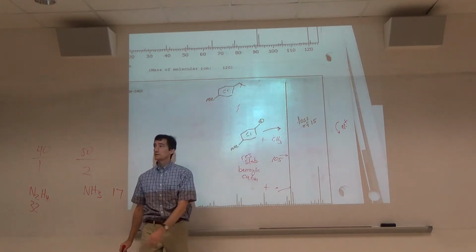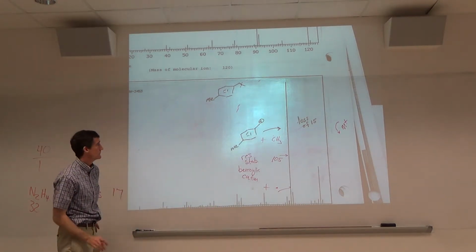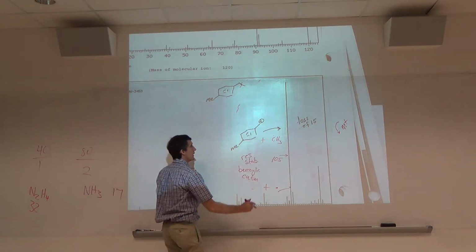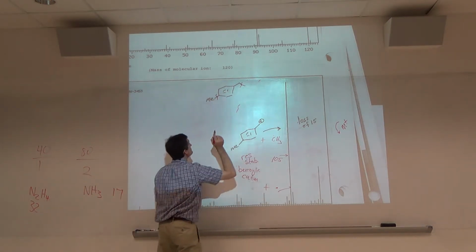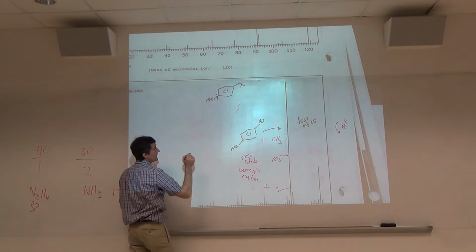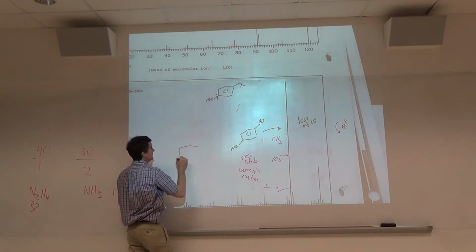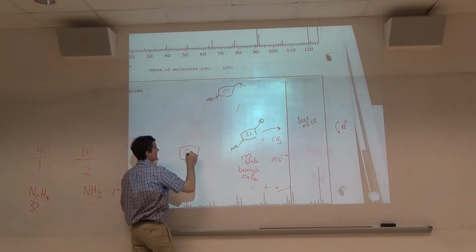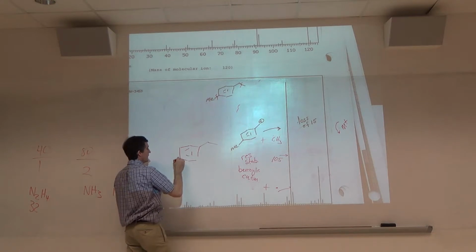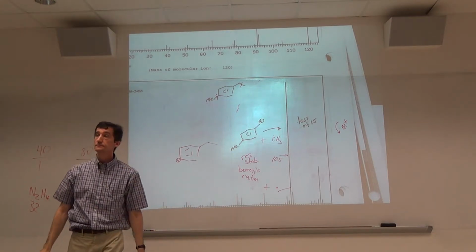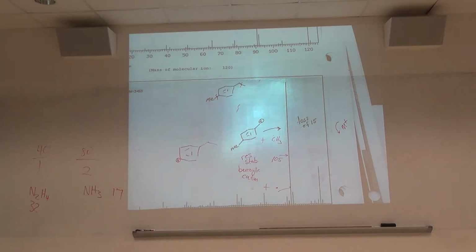How do you make the benzylic cation? Why do we not cleave here? I mean, that would also be... why do we not make that cation? Not resonance stabilized.